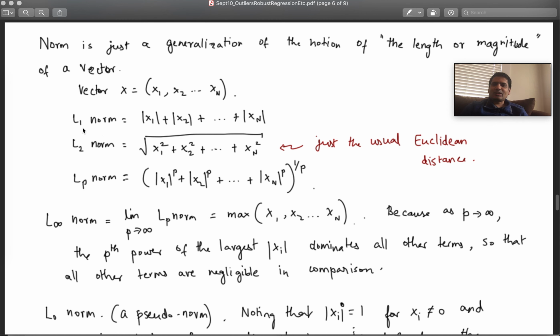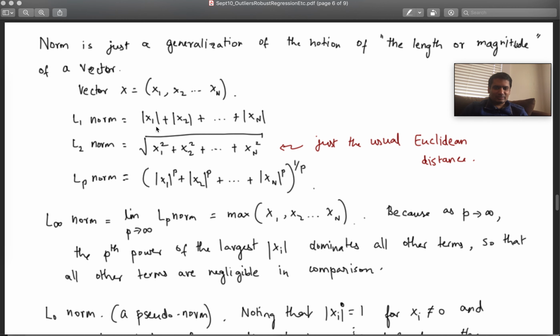And as we saw, the L1 norm is similar to it, except there is no square and no square root either. It's the sum of the absolute values of the elements. And then there is a generalization of these two things called the LP norm, which is you raise each of the elements to the power p with an absolute value sign, and then raise that sum to the power 1 over p.